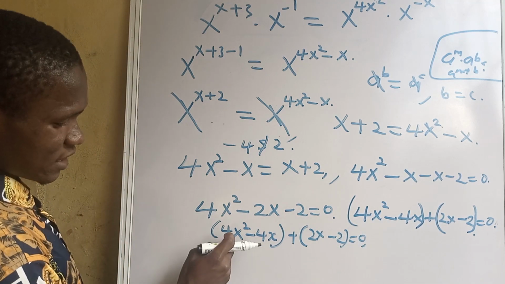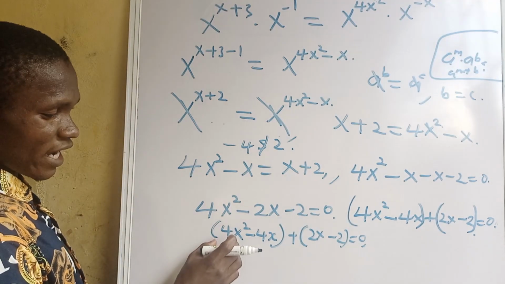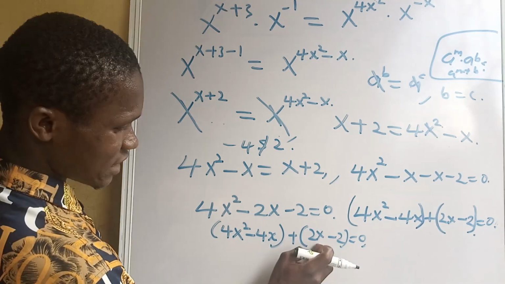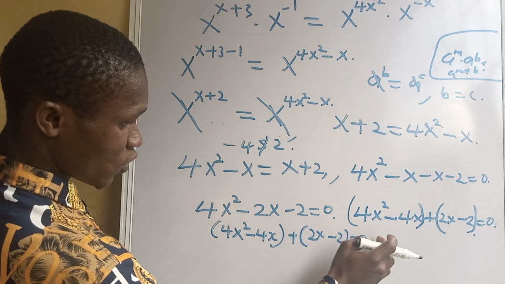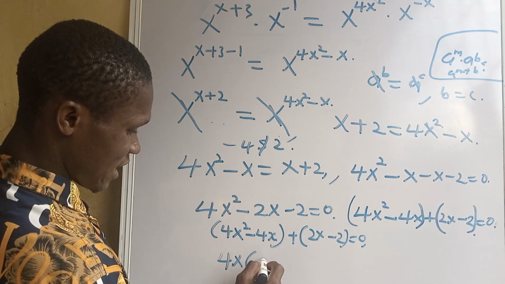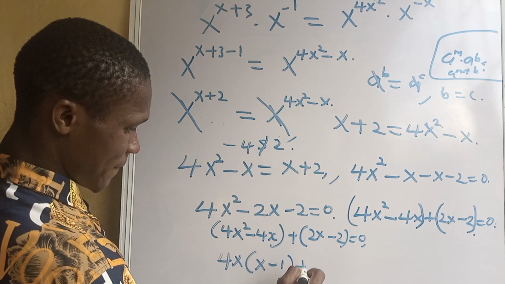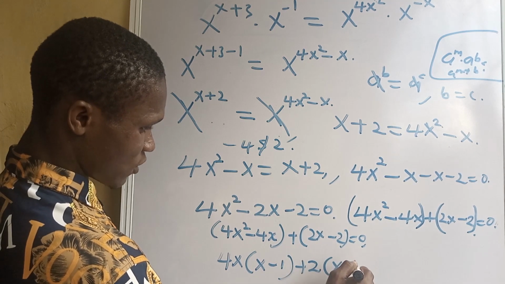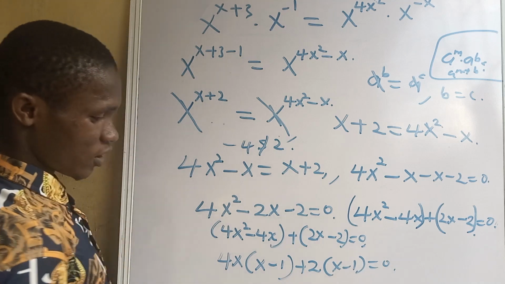Right. Okay, we can see on this side we have 4x as the common factor, and on this other side we have 2 as the common factor. So if we factor them out, we have 4x open bracket x minus 1 plus 2 open bracket x minus 1 all equal to 0.